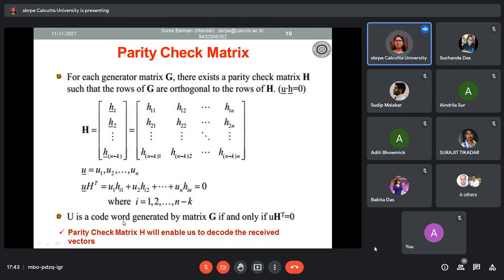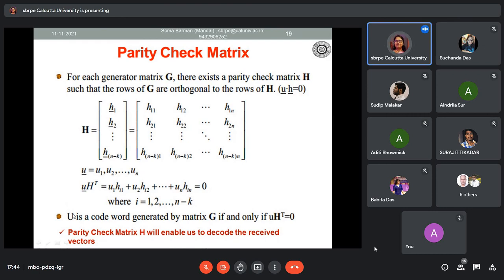So U is a code word generated by the generator matrix G, and you can check whether U is generated from the generator matrix or not. How? Because the rows of G are orthogonal to the rows of the parity check matrix H, G H transpose equals 0.